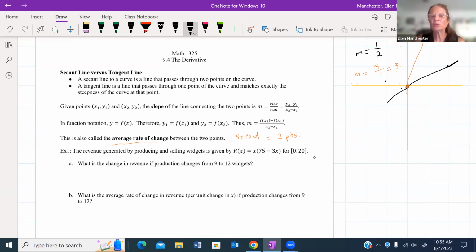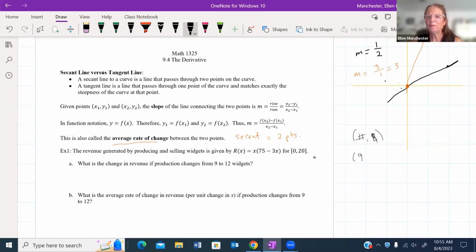So I need 2 points, just like this line here where I had a point here and a point here. Remember, your ordered pairs are always in the order, the number and the dollar amount, the number and the revenue, if you will. For the first point, we have 9 widgets. So what is our revenue when I plug in 9?